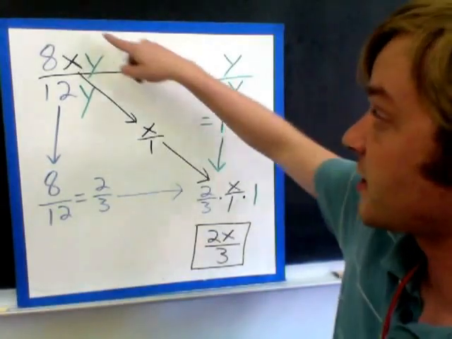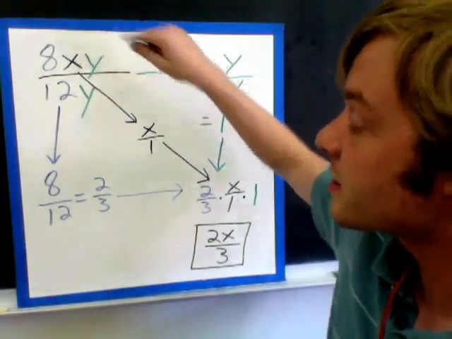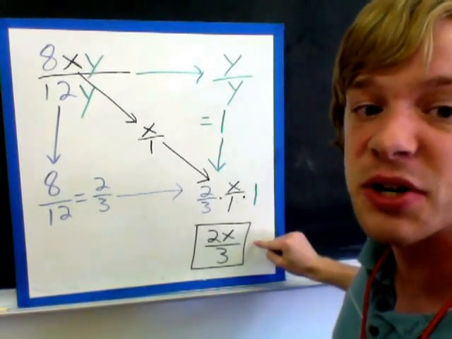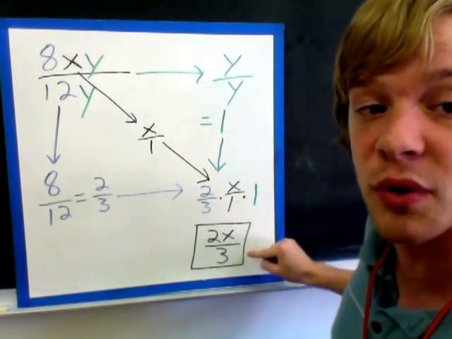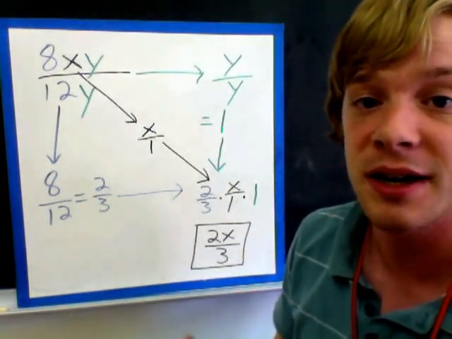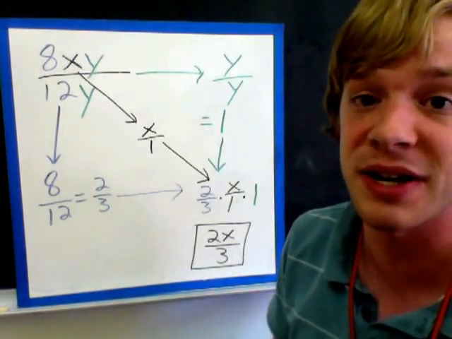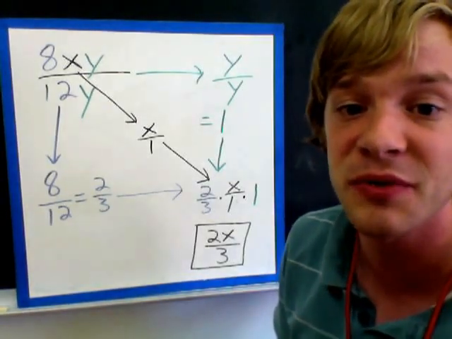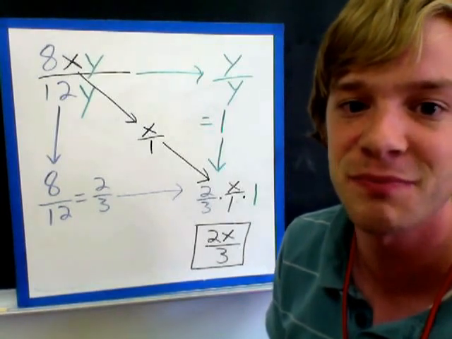And if I look back at the beginning, my final answer is obviously much simpler and going to be much easier to work with. And that's the whole point of simplifying fractions, is to make everything as easy to work with as possible. So this is why we're simplifying, and this is why simplifying is important, because it makes problems easier.